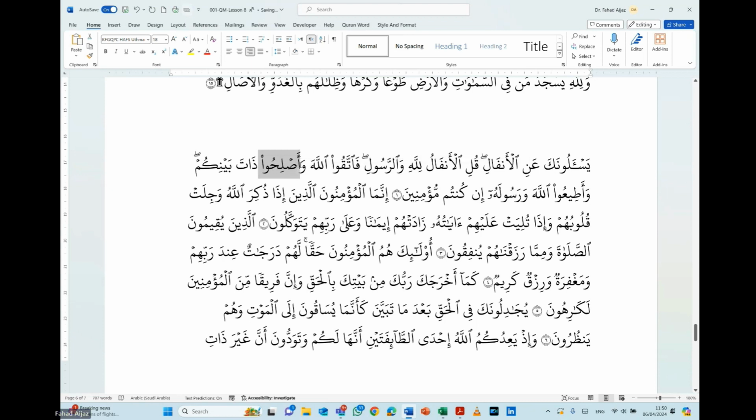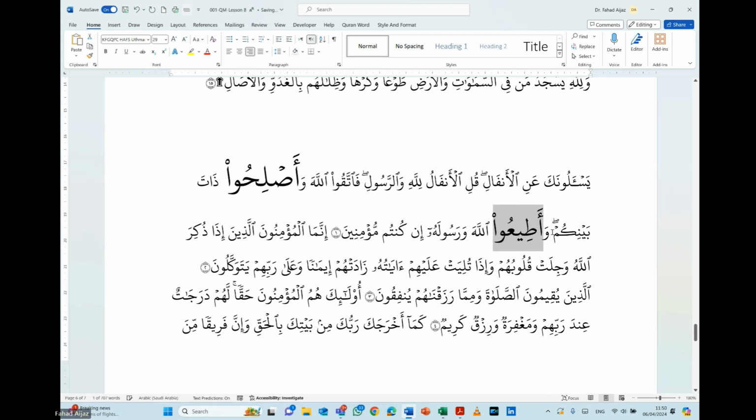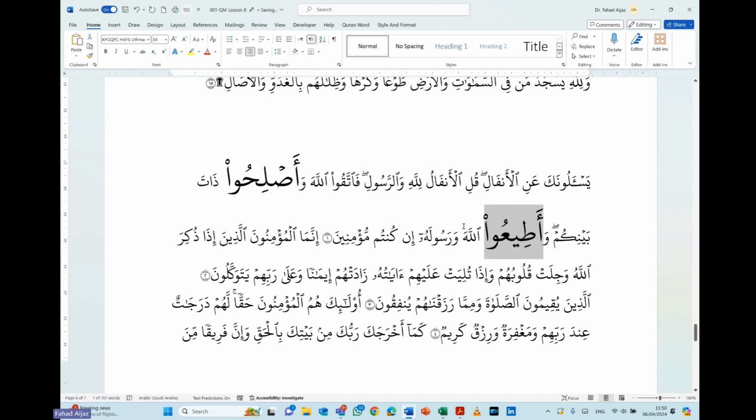Aslihu. Hum. Ati'u. Ati'u. Hum. Mashallah.